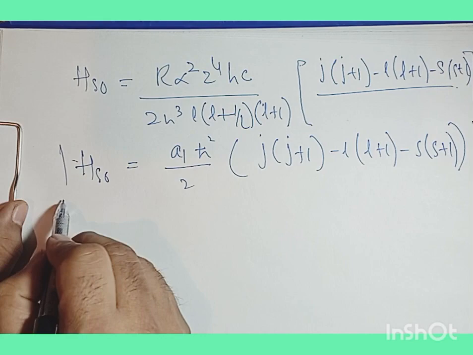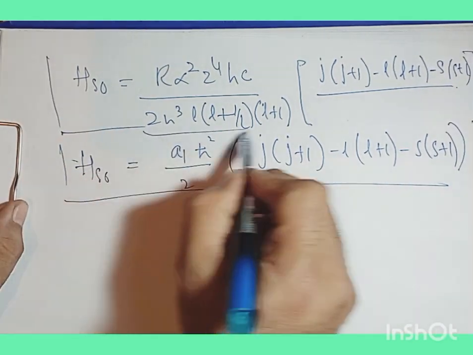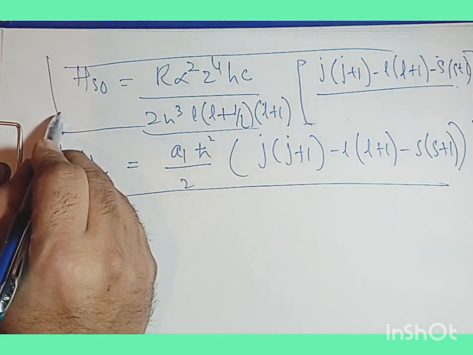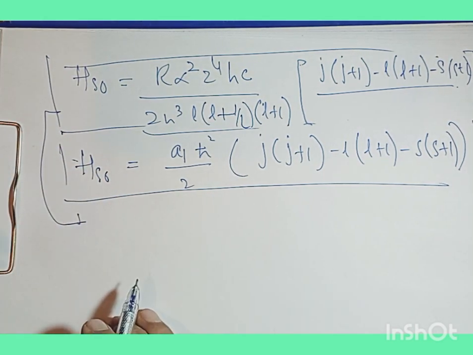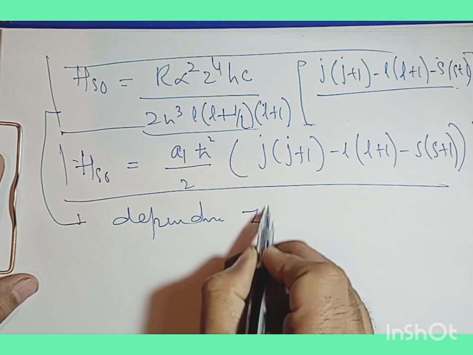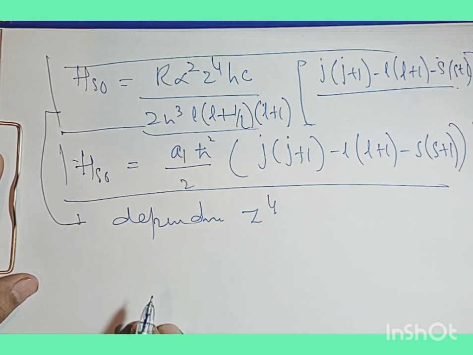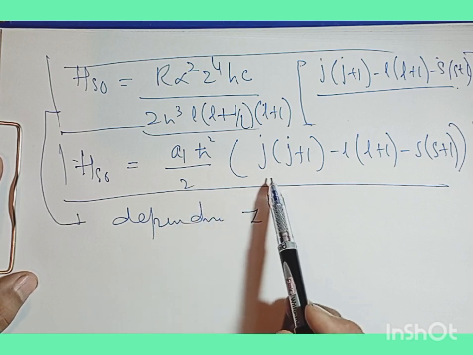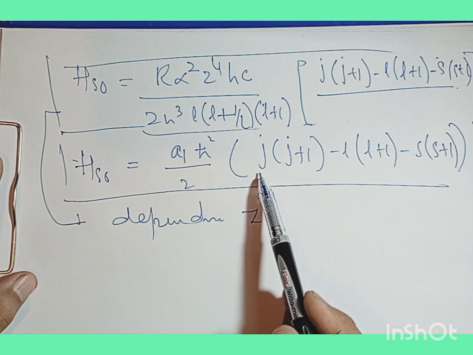So what do we conclude from the results that we have obtained here is that this H_SO, the correction to the spin orbit interaction, depends on the fourth power of the charge of the nucleus. And at the same time, what we see here is that the spin orbit interaction is dependent on the total angular momentum quantum number J.